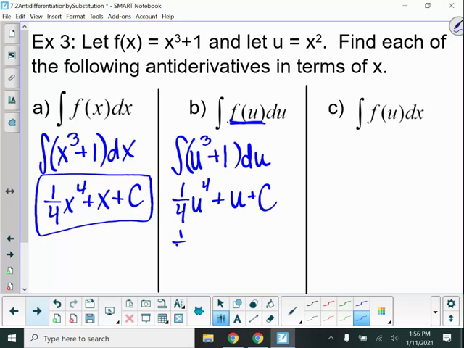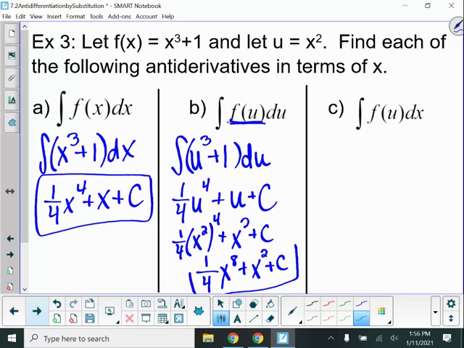So this is going to be 1/4 x squared to the 4th plus x squared plus c. So we actually end up with 1/4 x to the 8th plus x squared plus c. Very different than what we got for the first answer for A. And you'll see part C is different yet.